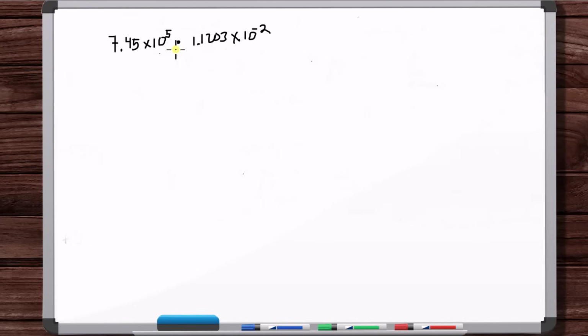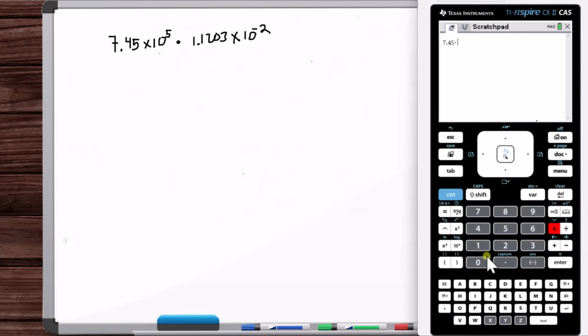When you're multiplying or dividing numbers in scientific notation, tracking the significant digits and writing the final answer with the correct number of significant digits is easy. So exact same rule, you count the number of significant digits in each number. So this has 3, this has 5, so the final answer is going to have 3 significant digits. 8.34624.